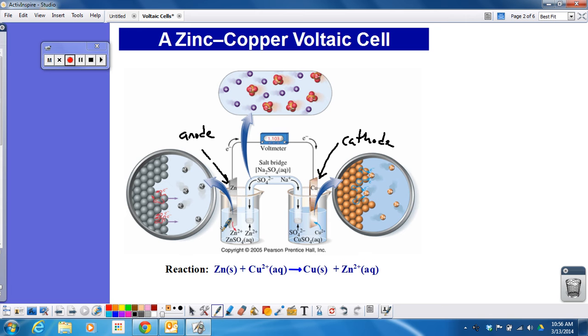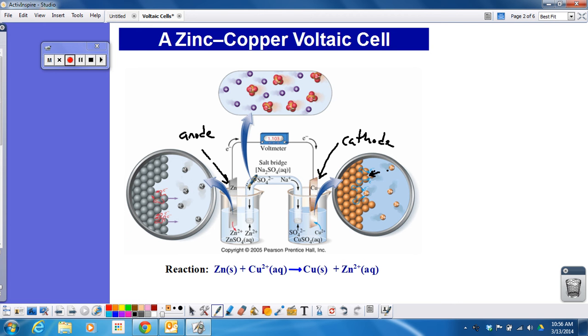And so you notice in the salt bridge, the sodium ions are going to flow into the cathode, the copper half cell, because copper ions are becoming copper metal. So they're attaching. The positive charge is reducing. Over here, I'm producing ions, so the sulfate ions are flowing in here.